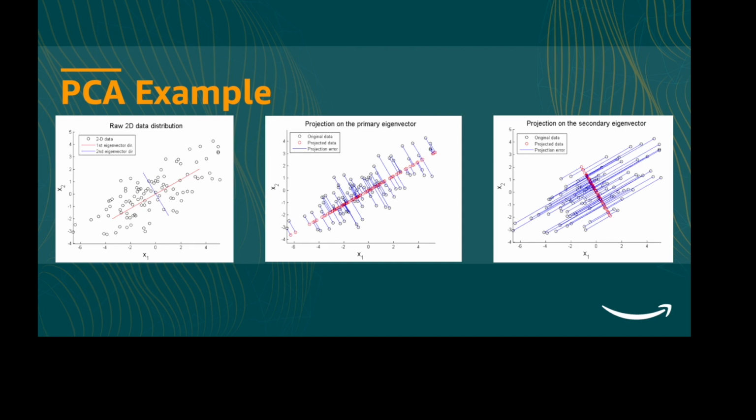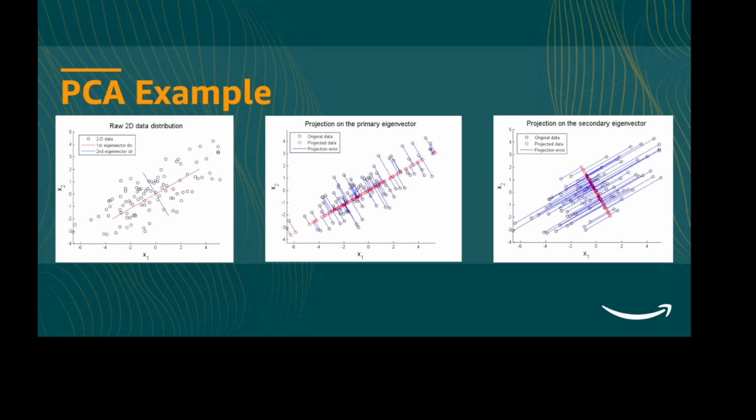And since we have two-dimensional data, we will have at max two components, right? The second component turns out to be the second eigenvector, and if you project the data along that component, the variation will be the lowest, or the second highest.